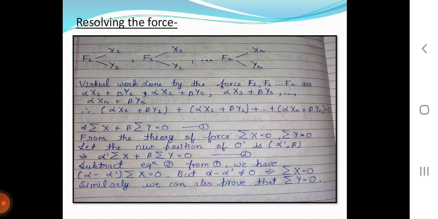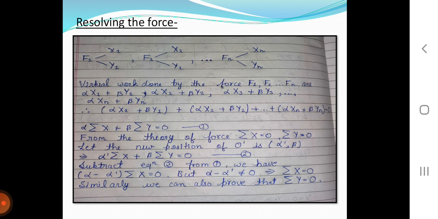So alpha x1 plus beta y1 plus alpha x2 plus beta y2 till alpha xn plus beta yn will be 0. In a simple way we can write it as alpha summation x plus beta summation y is equal to 0.